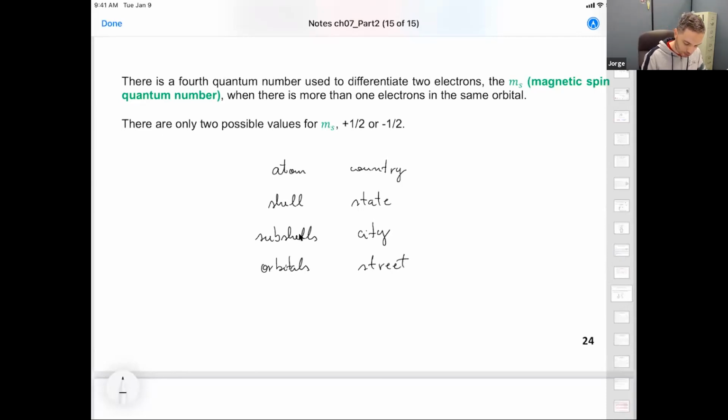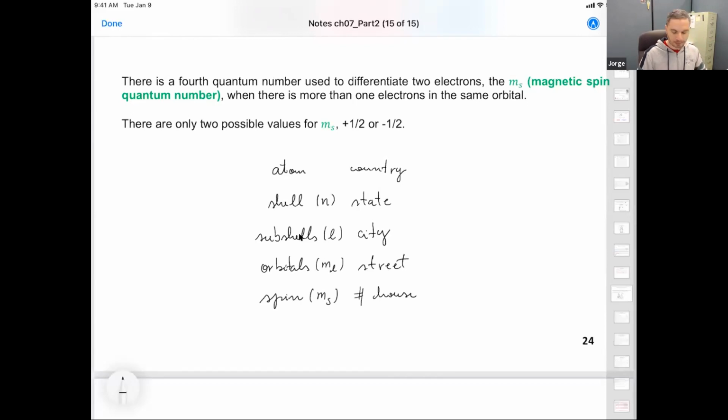And inside the orbitals, we have spin, and that's going to be the number of the house. To provide an accurate location of a person, we need to know the number of the house, street, city, state, and country. And here, shell is given by the principal quantum number n, subshell by L, orbitals ML, and spin MS.